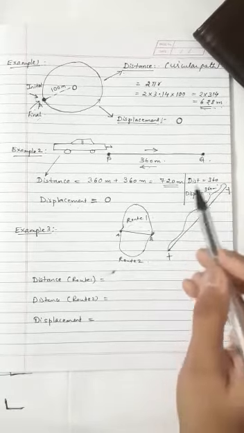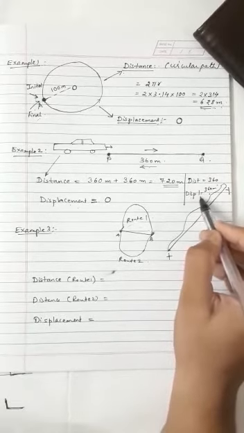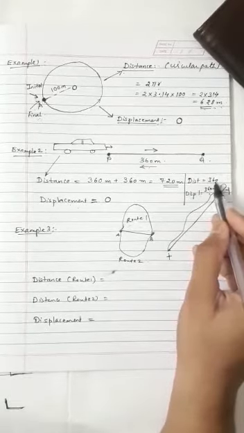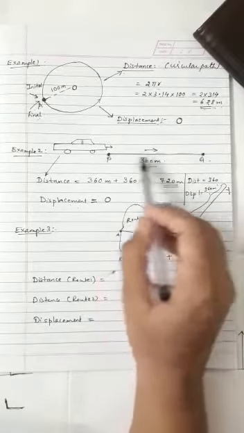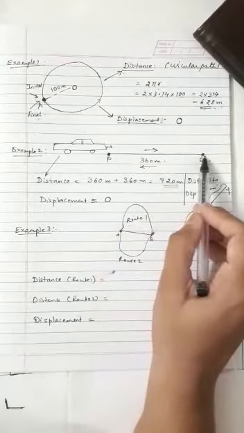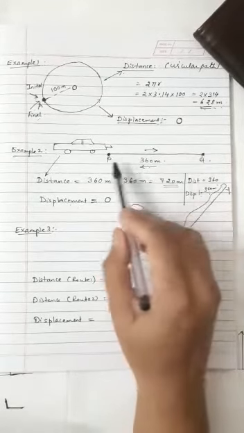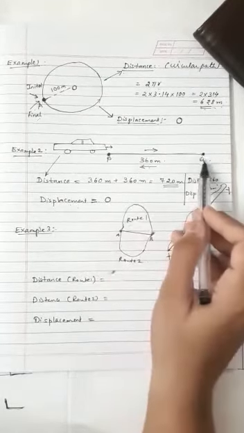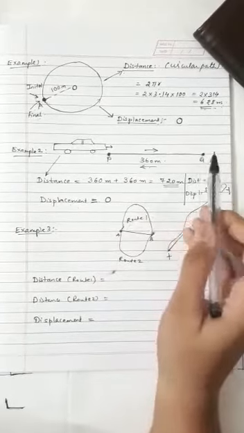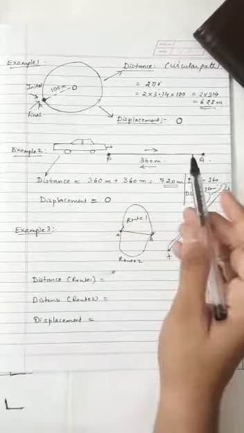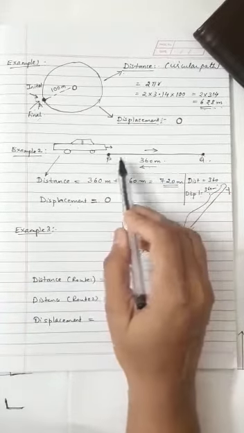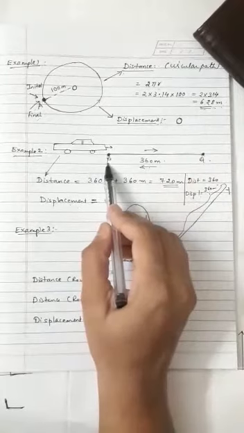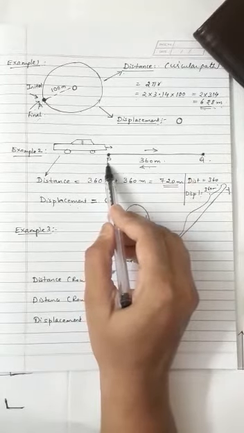So again I want to repeat this, children. This 360 as displacement and this 360 as distance is possible only if one way direction is there, that is in the forward direction. Because in the forward direction my P is the starting point and my Q is the ending point. But when I take the distance in both the directions, the forward as well as in the backward, in that case point P is my starting point and point P is also my ending point.